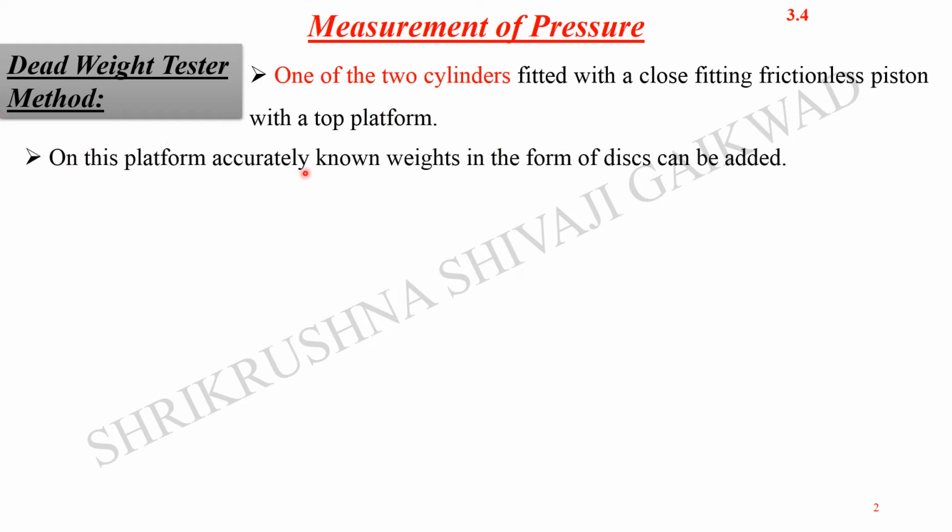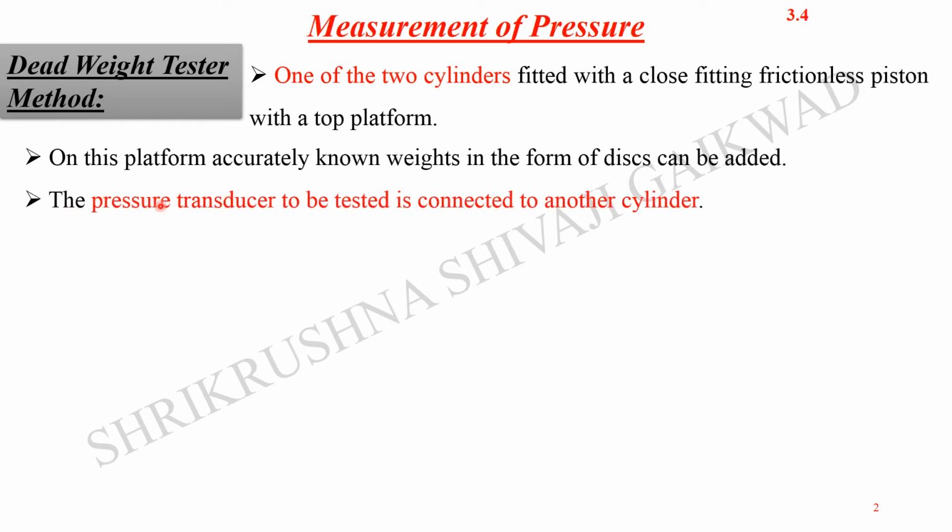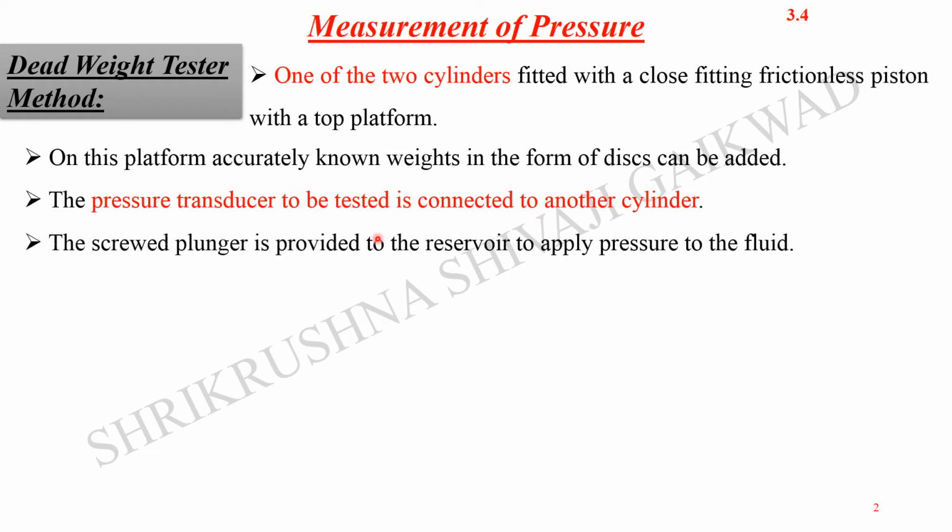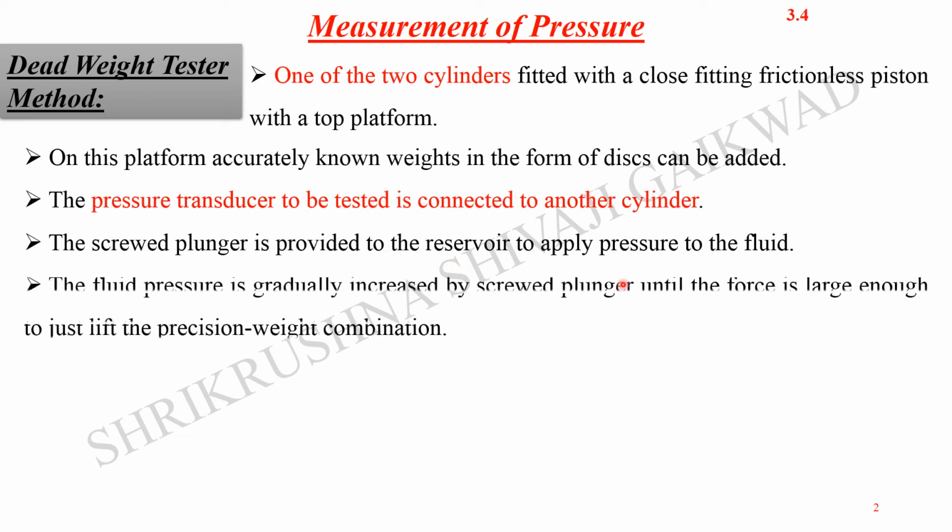On this platform, accurately known weights in the form of discs are added, so that they apply pressure through that platform. The pressure transducer to be tested is connected to the other cylinder over here.